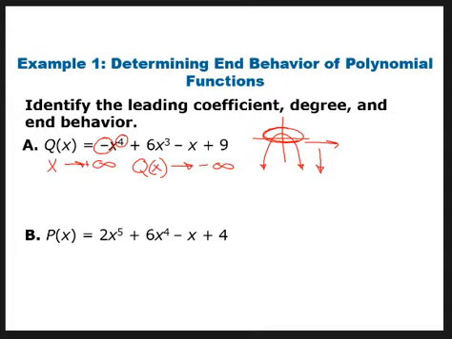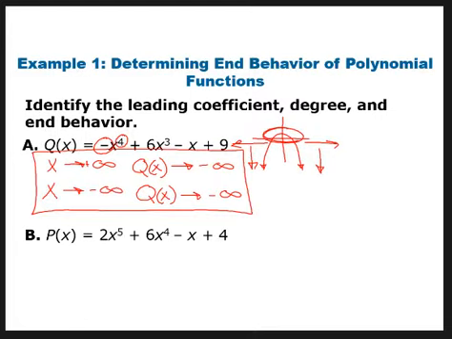If we look at it from the other direction, as x goes towards negative infinity, the y values of the function are still going down, so they would also be approaching negative infinity. So that's all we're really looking for when we talk about end behavior. As we go way out for increasingly large values of x or increasingly negative large values of x, what is the graph doing?